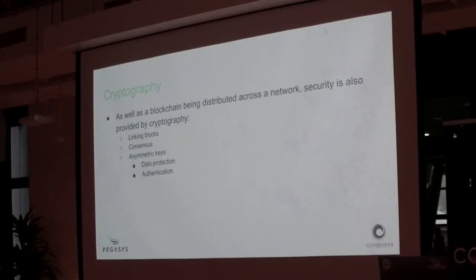And also, we have this concept of asymmetric keys that we use for data protection and for authentication. And sir, the question that you were asking, I'll come to an example. Apparently Don asked for it. Yeah, I'll come back to that, because that's a really interesting case.